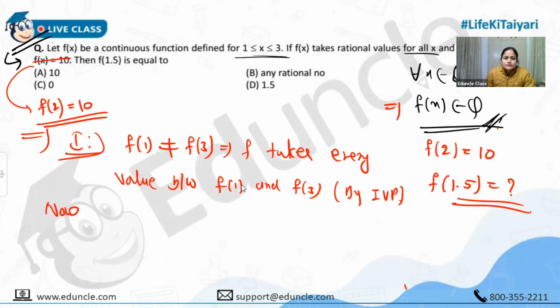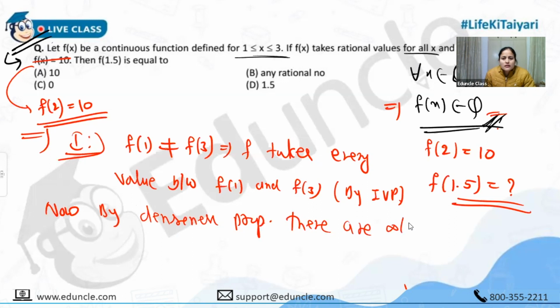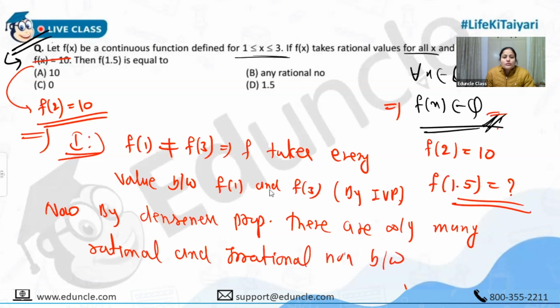Now, f at 1 and f at 3 are both rational, and by the denseness property, there are infinitely many rational and irrational numbers between two rational number f at 1 and f at 3. f at 1 and f at 3 are rational ना, because ये दिया हुआ है. ठीक है.